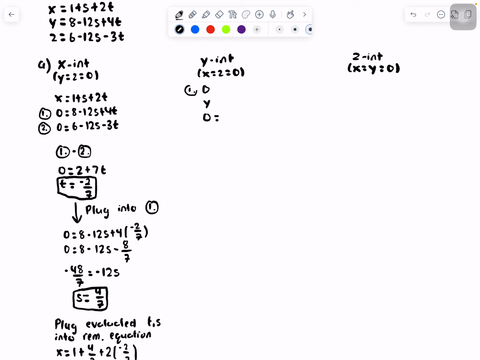I'll call this 1, call this 2. We have 1 plus s plus 2t, 8 minus 12s plus 4t, 6 minus 12s minus 3t. Okay.